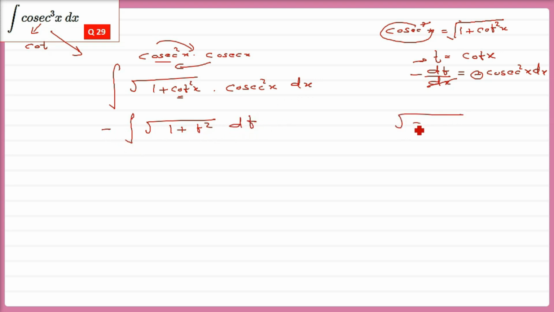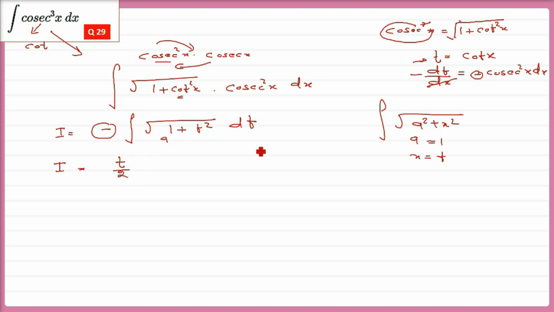Now you know under root a square plus x square has a direct integration that has been discussed already. We will take a as 1 and x as t. So the integration will come like this. It will be t by 2 under root a square plus x square, that will all come in plus.